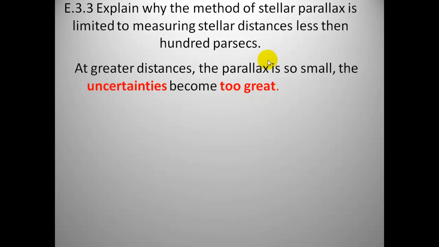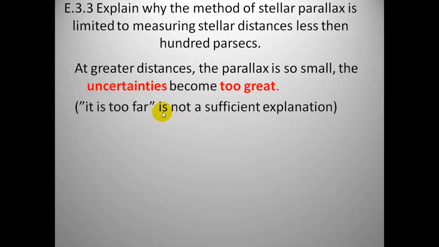When they ask this question, which they ask often, you must say that it's because of the uncertainties becoming too great, not the distances. Saying it is too far is not a good explanation. You have to talk about uncertainties. In astronomy, the problem with making these measurements is the uncertainties.